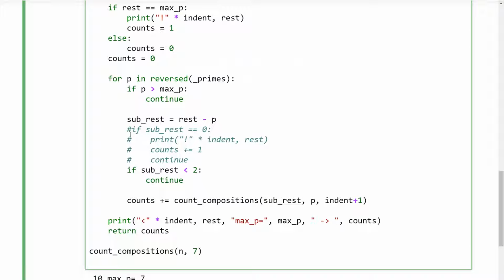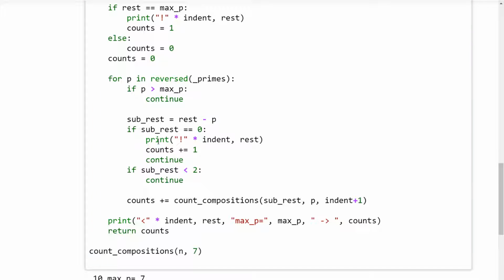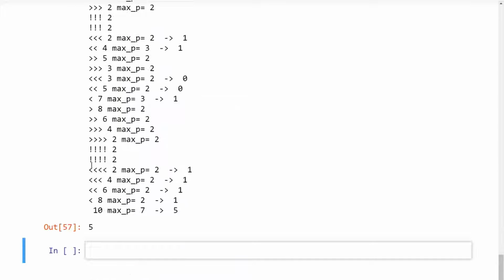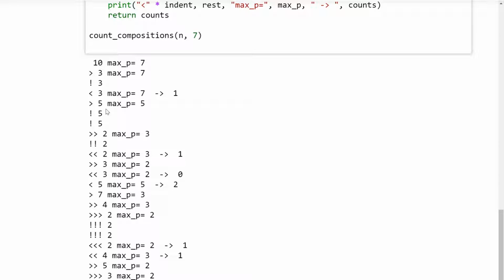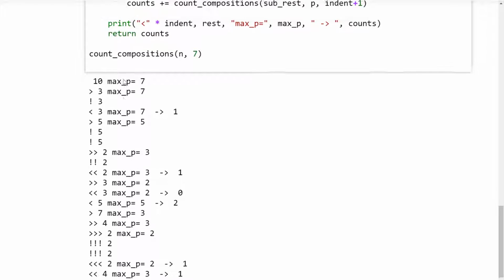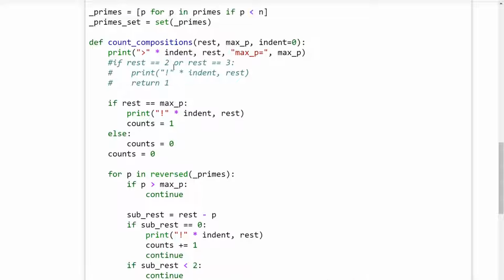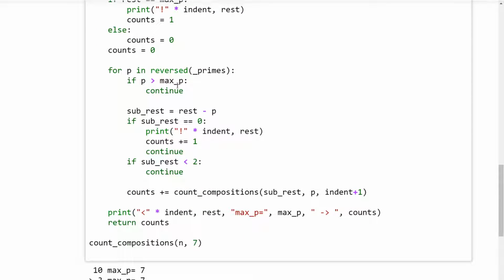I have a feeling that it's going to work. Well, it did not work. So now we're counting a bit, we're being too loud about it.